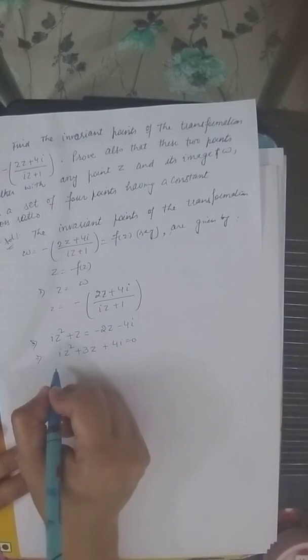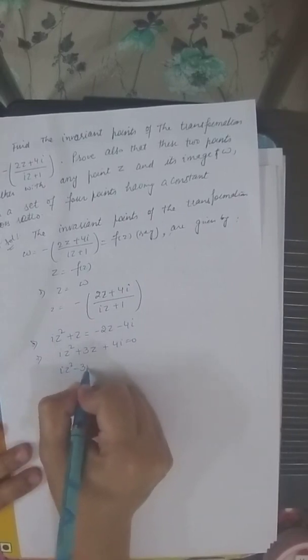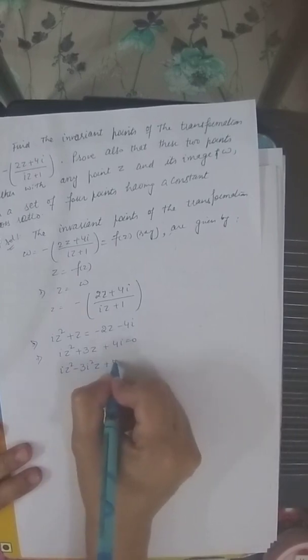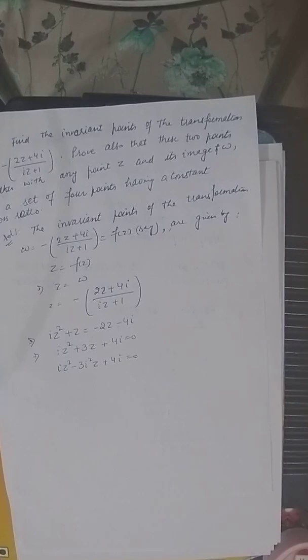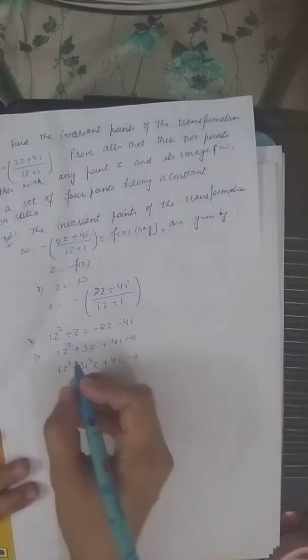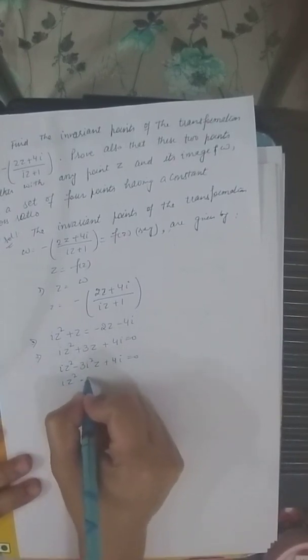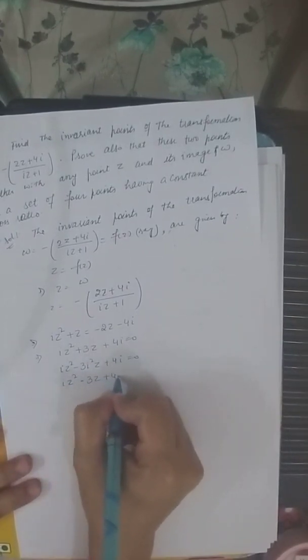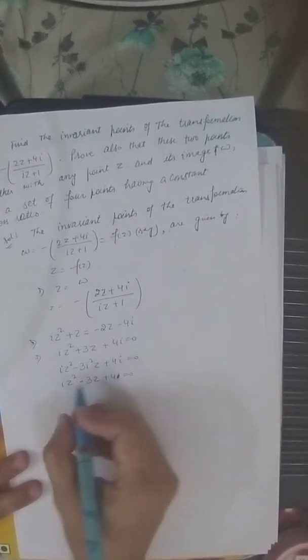Or you can write it as iota z square minus 3 iota square z plus 4 iota equal to 0, because iota square is minus 1 and minus minus will give you positive. Iota z square minus 3z plus 4 iota equal to 0.